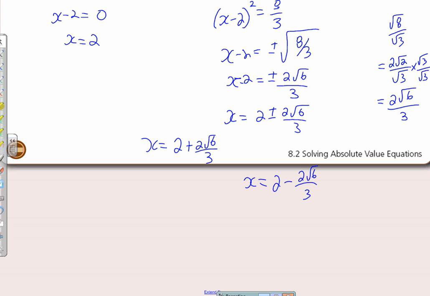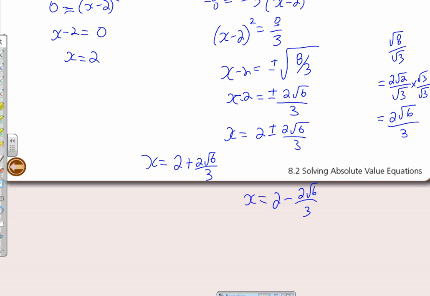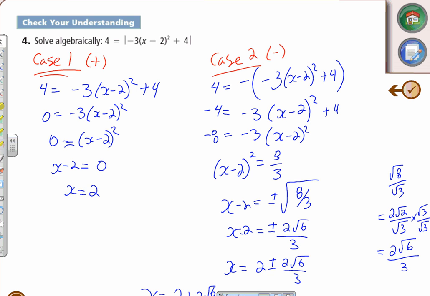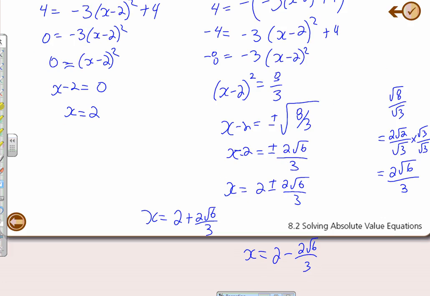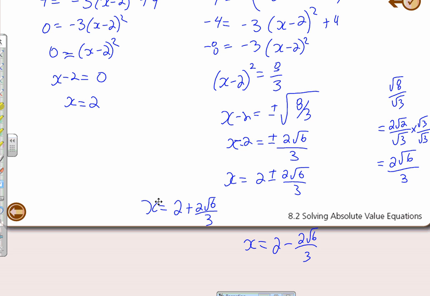So for this one, if you plug that into your graphing calculator, we'll look at that as a method to verify this one this time. y1 is 4, y2 is the left side. And look, do you have 3 different intersection points? And yes, you do.